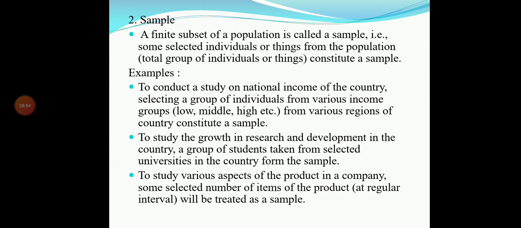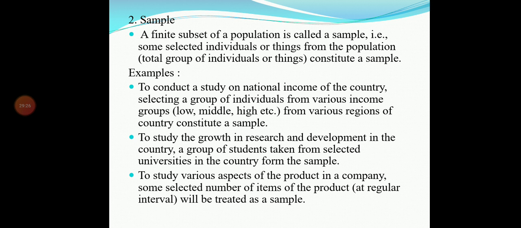Whatever the units are considered in the population, same units are also to be considered in the sample. But sample is a simple definition of finite subset of the population. It is some particular part of the population we consider as a sample.